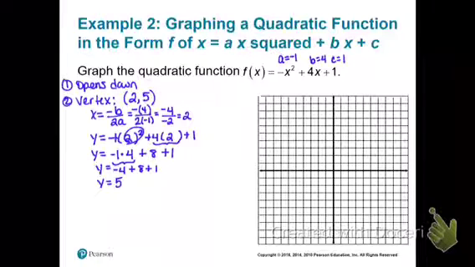Now, step 3 is your x-intercepts. How do we find that? We set our function equal to 0. So we got negative x squared plus 4x plus 1 equals 0. So, what can we do here?